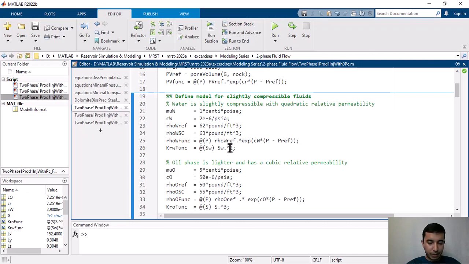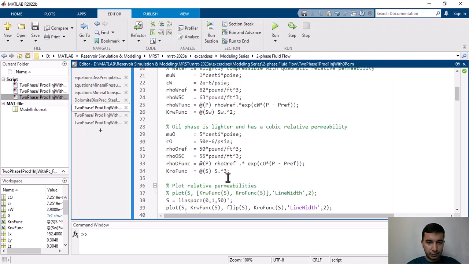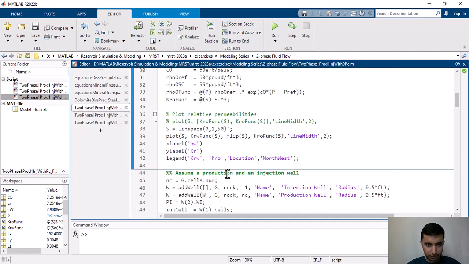And as you see, I've used this function in order to define the relative permeability of water, and used this function to model the relative permeability of oil. All right, but you can use the function that you think works better for your model. All right, great.